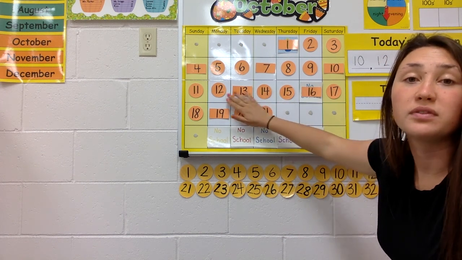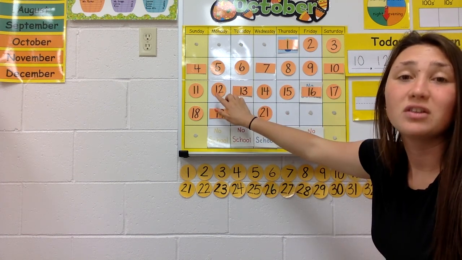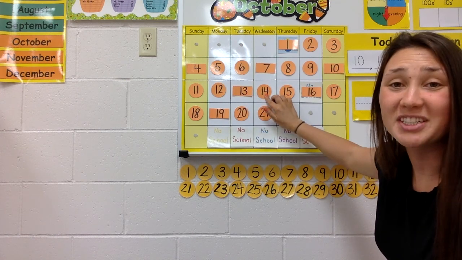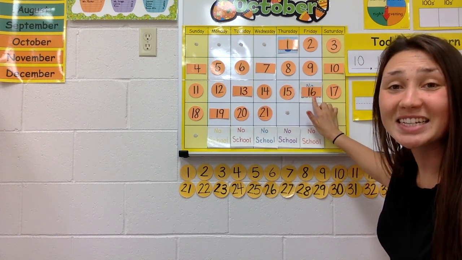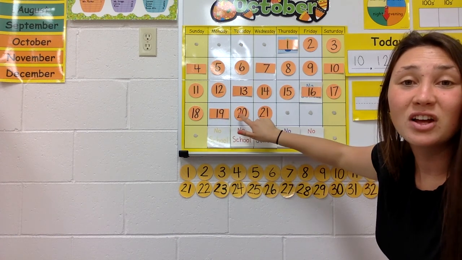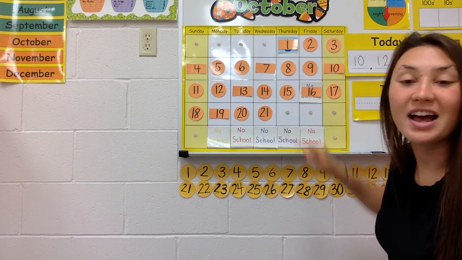So let's count, let's start from 12, okay? We'll count from 12 and we'll find out what today is, okay? Ready? Count with me. 12, 13, 14, 15, 16, 17, 18, 19, 20, 21, 22, yeah.